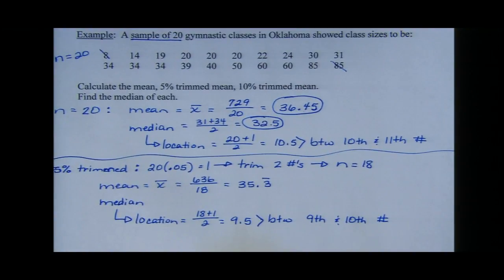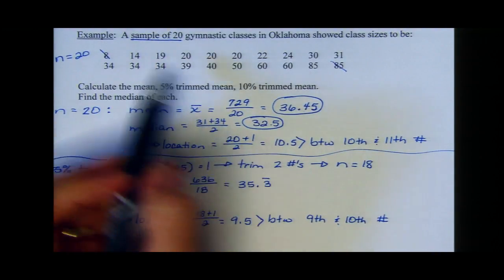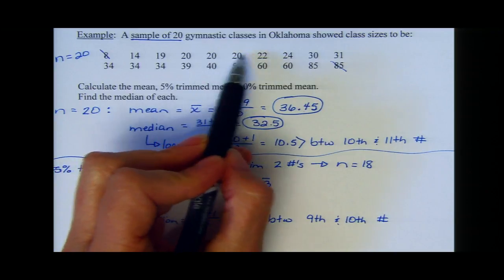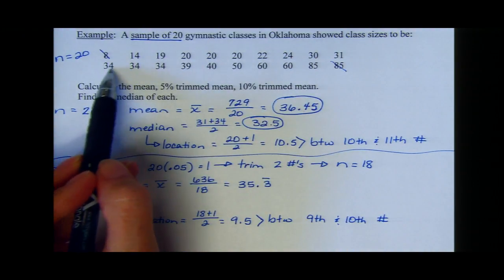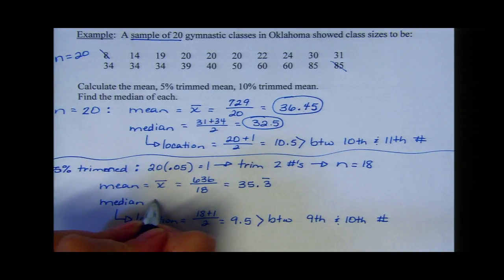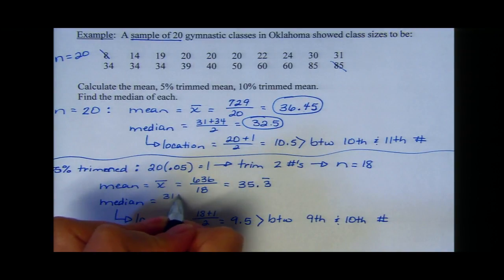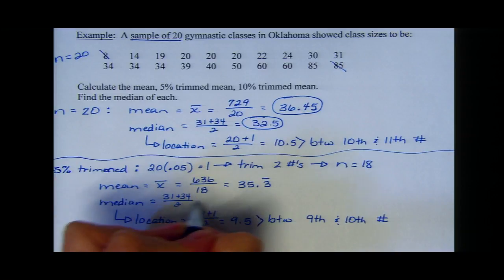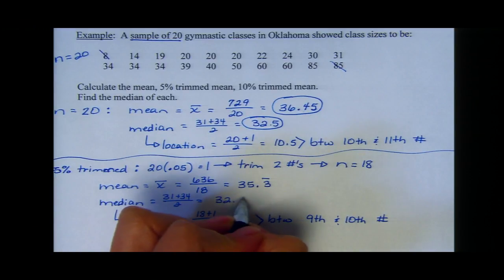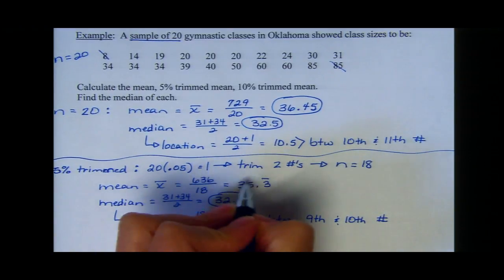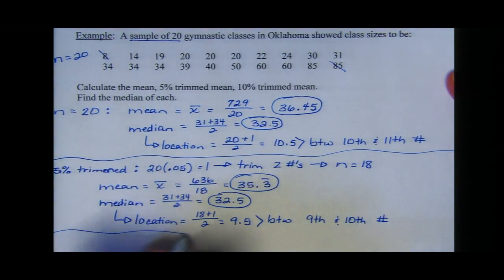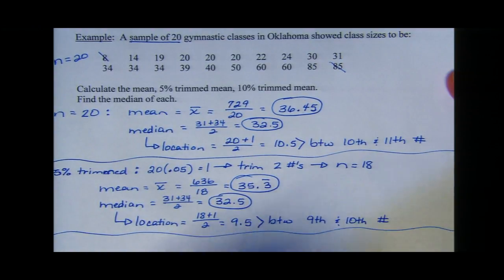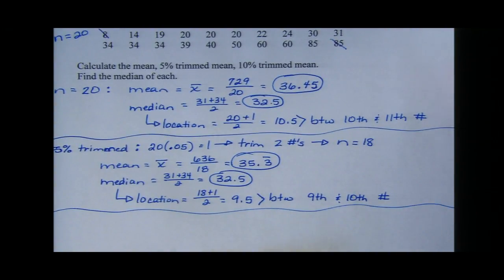We'll look up here, because I've eliminated this. 1, 2, 3, 4, 5, 6, 7, 8, 9, 10. So the 9th and the 10th is that same 31 plus 34 divided by 2, which is 32.5. So the median was in the exact same location. So the mean changed, but the median did not.